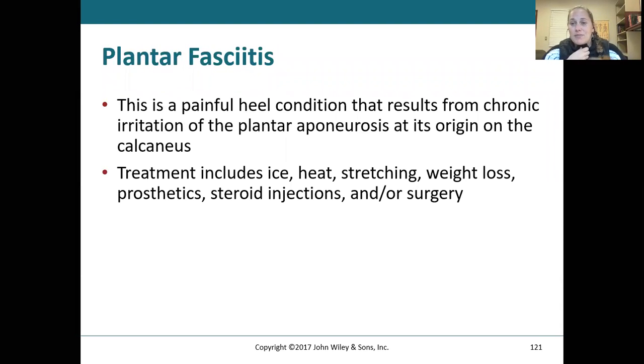Plantar fasciitis, again, is a very popular issue that arises often in the lower limbs. It's a painful heel condition that results from chronic irritation of the plantar aponeurosis and its origin on the calcaneus. Again, thinking about your heel and the heel bone. The treatment includes ice, heat, stretching, weight loss, prosthetics, steroid injections, and/or surgery.